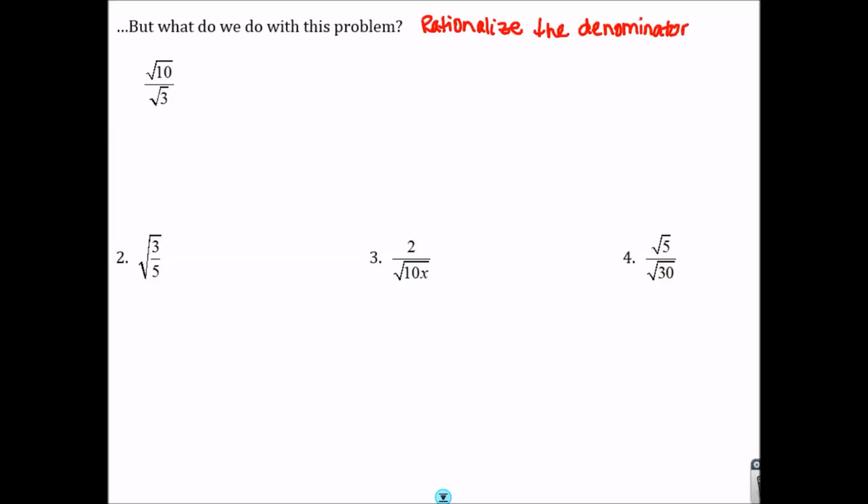This is how we get rid of that radical in the denominator. So to do that, I'm going to multiply both the numerator and denominator by square root of 3.